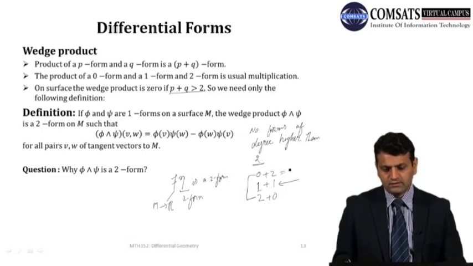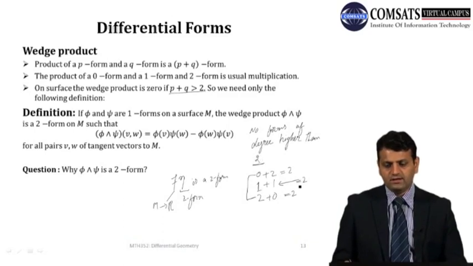Similarly, if I take eta into f, once again a 2 form, and 1 + 1 is also going to be a 2 form. But how will we define it? How do we define a product of two 1 forms?